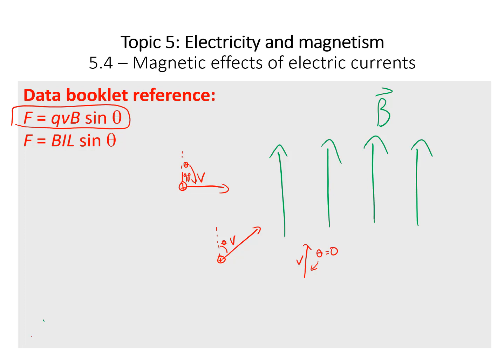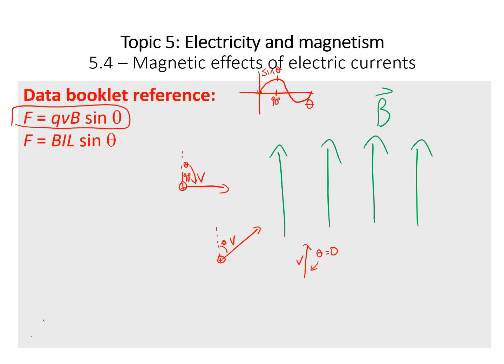And this also tells us, based on what a sine curve looks like, if this is sine of theta versus theta, that if v is along the field line, we will get 0 magnetic force. Angle of 0, sine theta is 0. And we'll get a maximum magnetic force when we are moving perpendicular to the field lines.